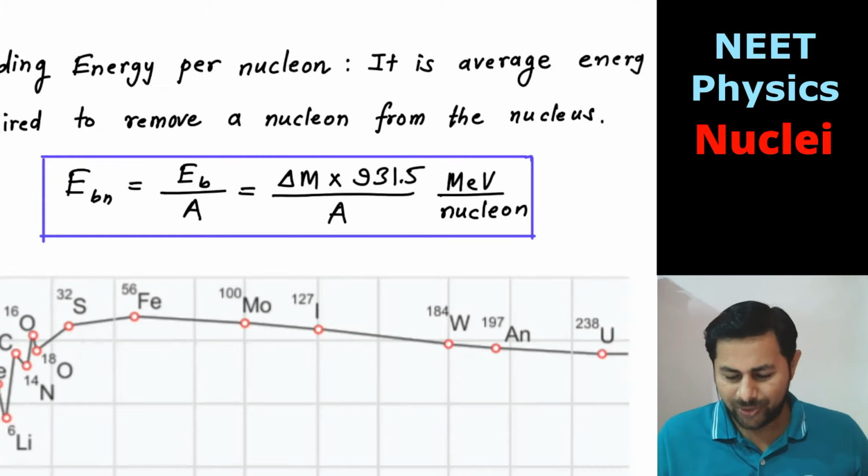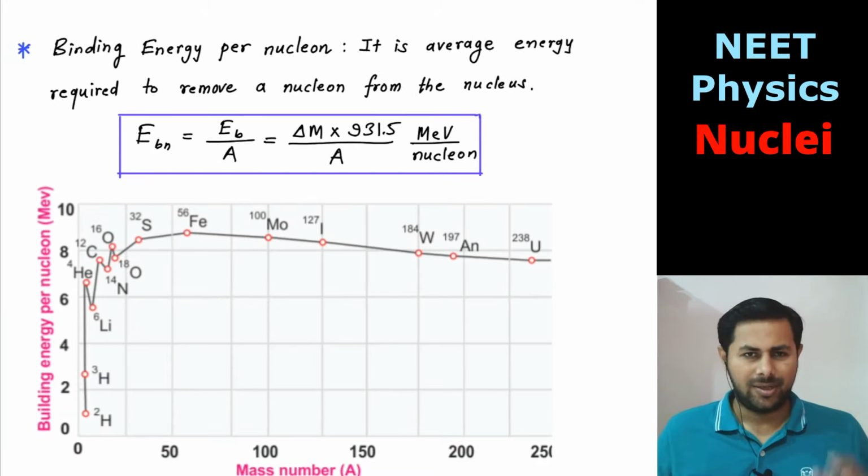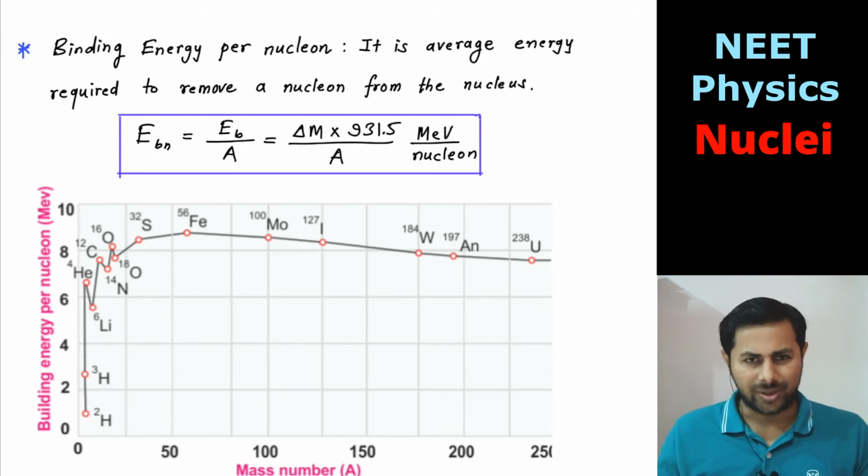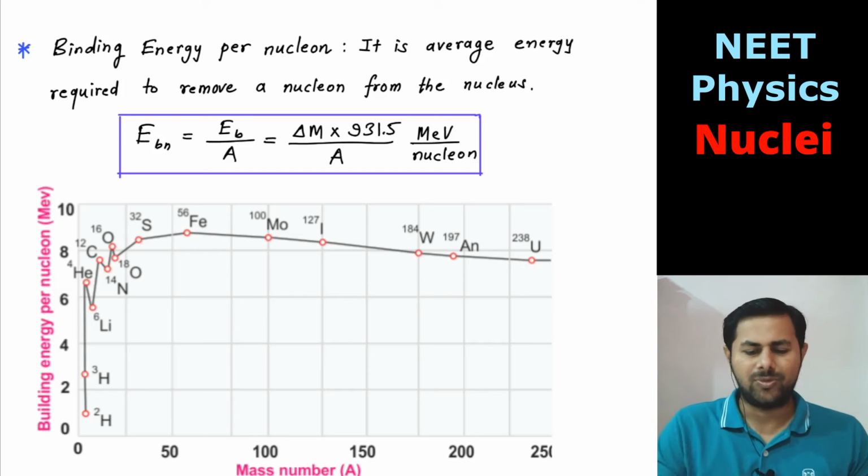If you need lesser energy to remove a nucleon from a nucleus, that means that nucleus is weak. If you need greater energy to remove a nucleon from the nucleus, it means that nucleus is strong.